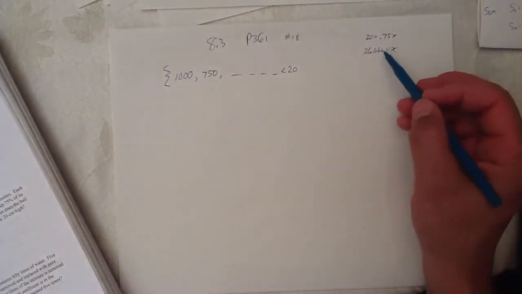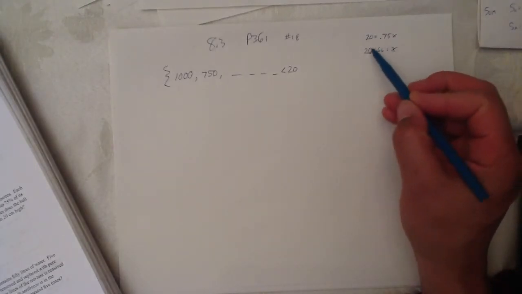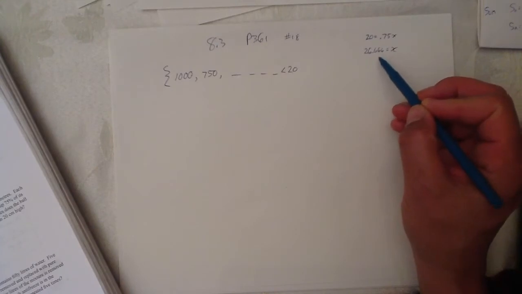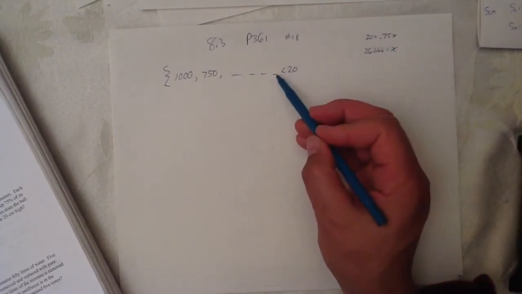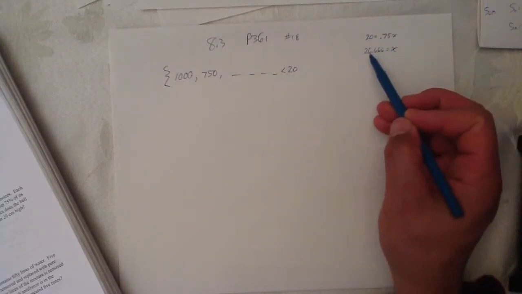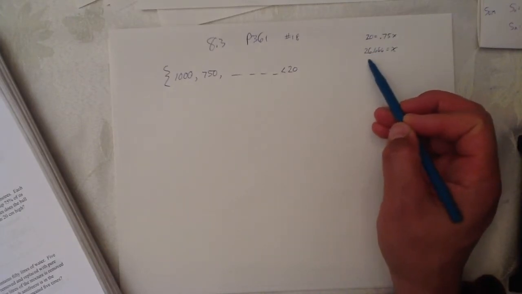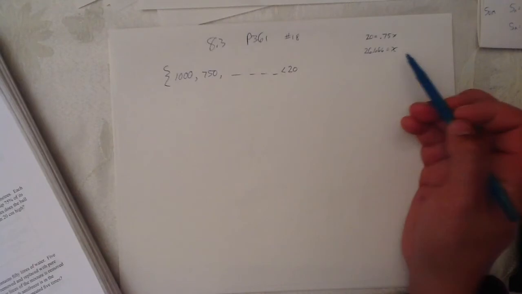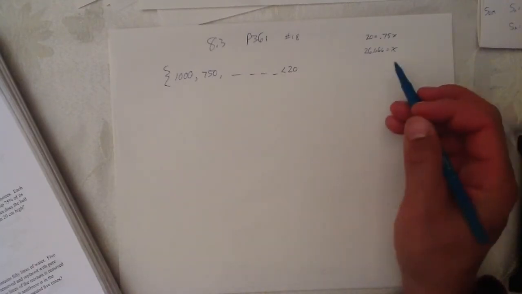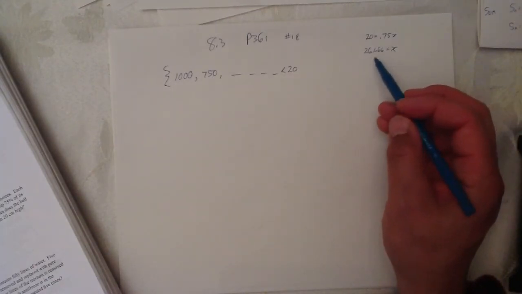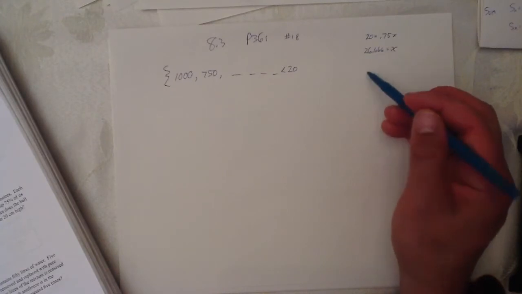Okay, so 20 is 75% of this, right? So if we get to a term that is greater than this, we know the next term will still be greater than 20. And if we get to a term that is less than this, we know the next term is going to be less than 20. It's just a way of making sure that we are in the right ballpark here.